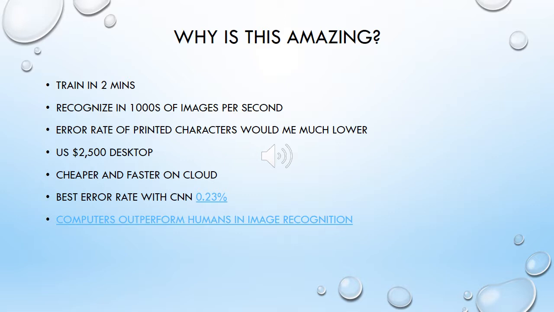Finally, there are many image recognition tasks where the computers outperform humans. And this is mostly or significantly due to the fact that we have a lot more data, but also convolutional neural networks are really good at image recognition, and that's what they were built for.